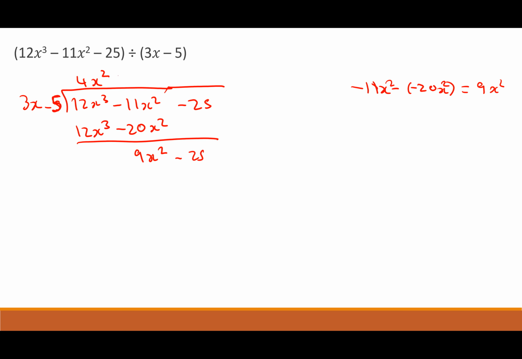So let's do that, plus 3x, 9x squared, and then you're going to be minus 15x. Let's do that. It's going to be 10x.